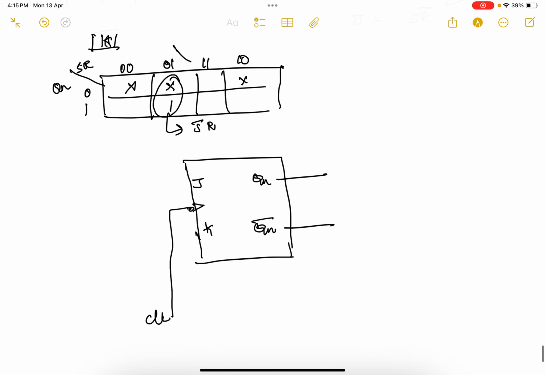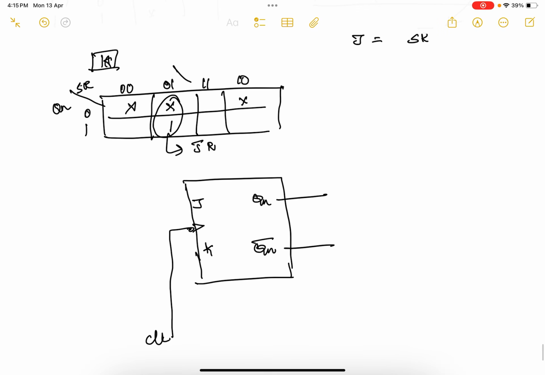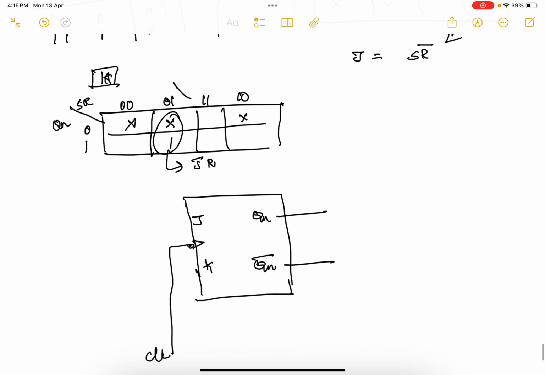Here it will be Qn bar output. So one input is S and another input is R. I will take a complement also here. This is for S and another is for R.